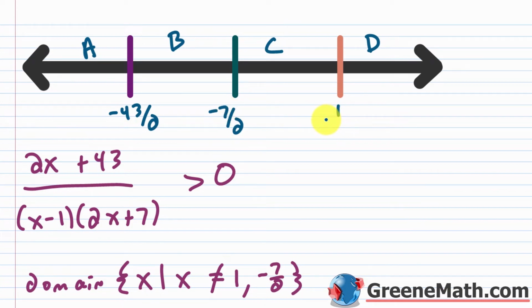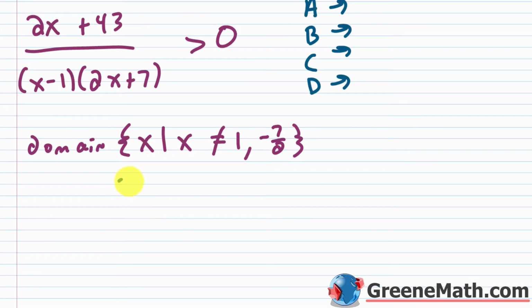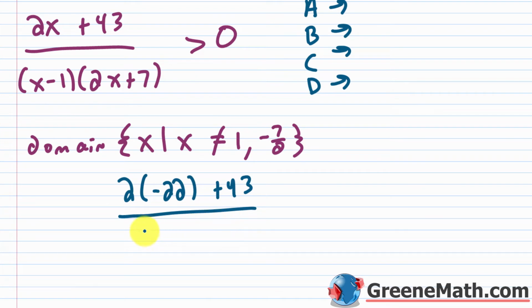All right, so let me just write out that we have A, B, C, and D. And we just need a test inside, and this is going to get quite tedious. So anything less than negative 43 over 2, you could just pick negative 22. So let's check that. We'll have 2 times negative 22, then plus 43, over negative 22 minus 1, and then you'll have this other factor, 2 times negative 22, then plus 7.